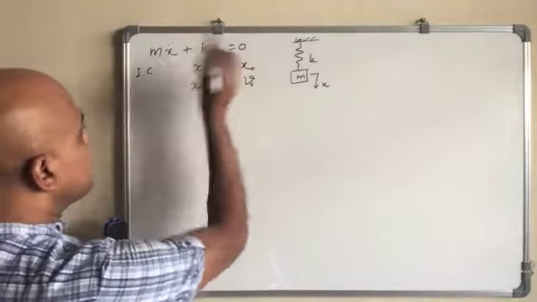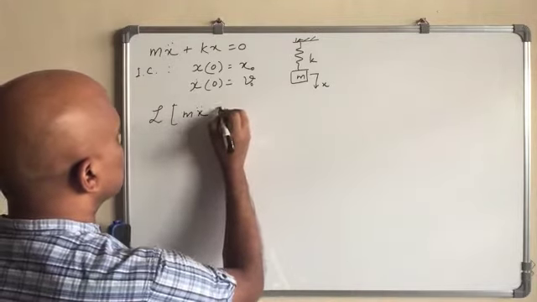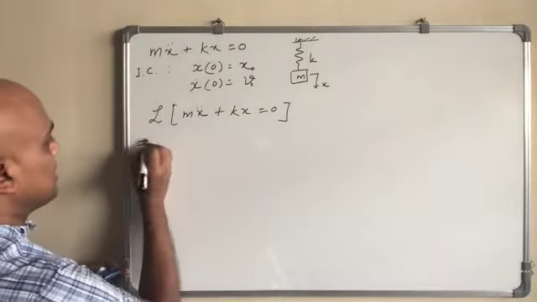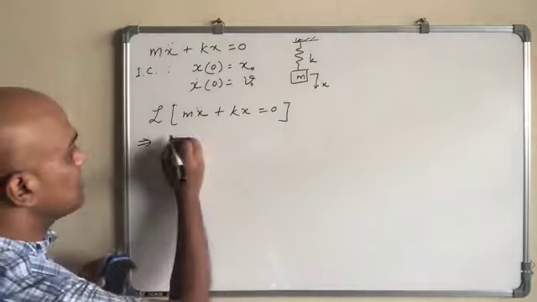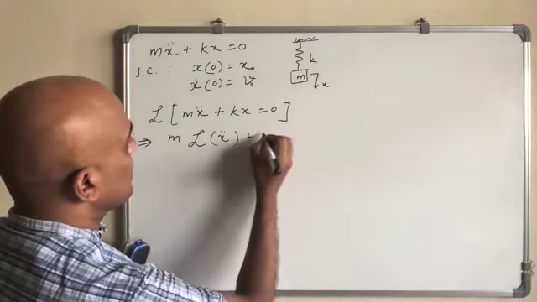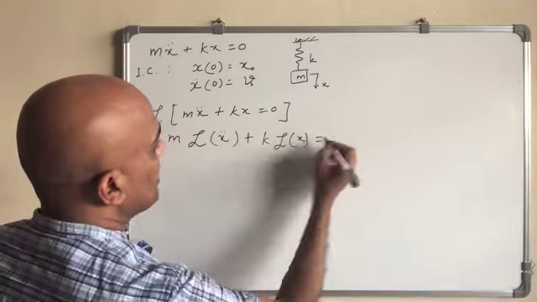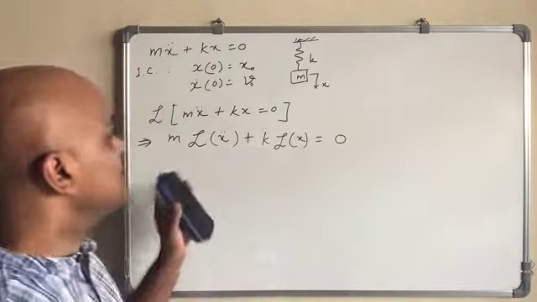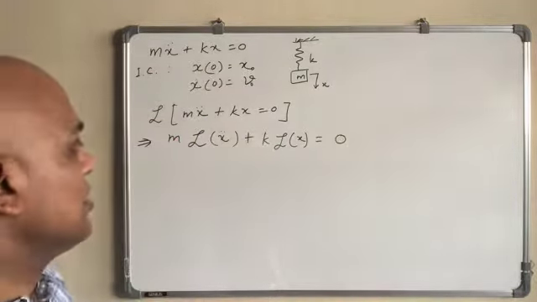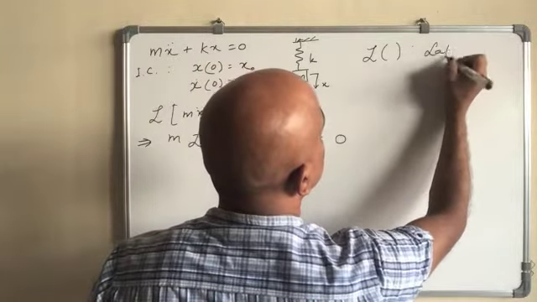So for this equation, we are going to take the Laplace transform. m x double dot plus k x equal to 0 gives us m times the Laplace transform of x double dot plus k times the Laplace transform of x equal to the Laplace transform of 0, which is 0. These are the properties of the Laplace transform that I have used, where this operator is the Laplace transform.